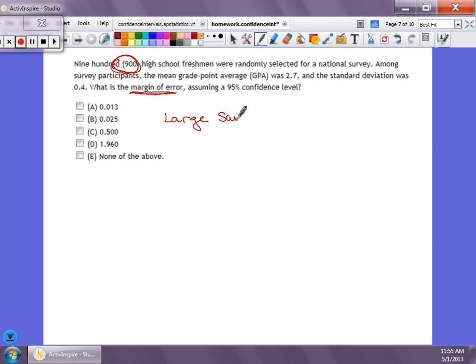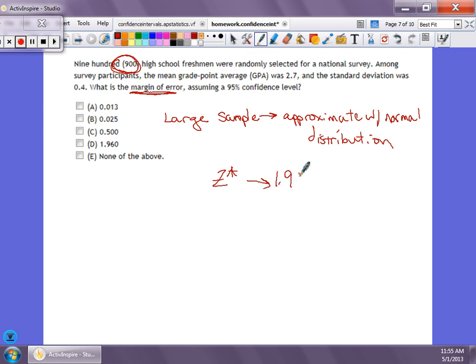Large sample means that we can approximate with the normal distribution, which means that we will be using a z-star. And for 95% confidence, we all know the z-star for that is 1.96.